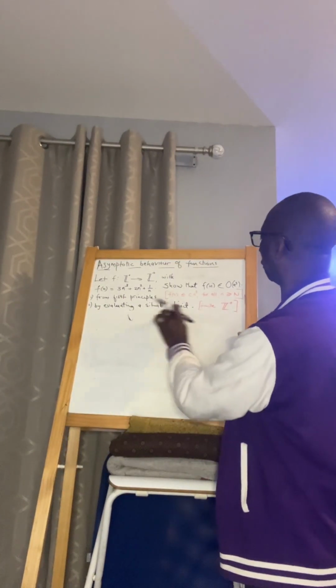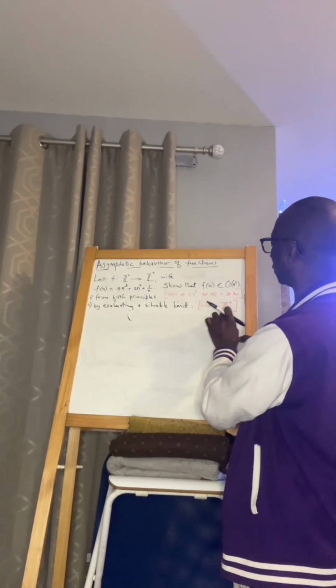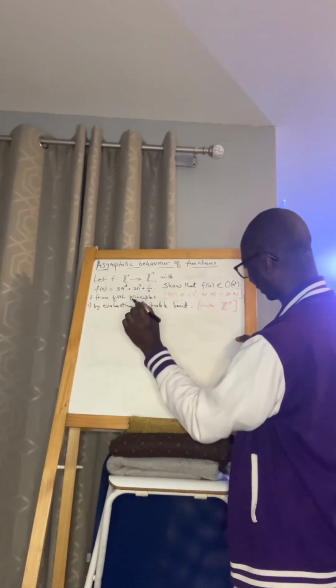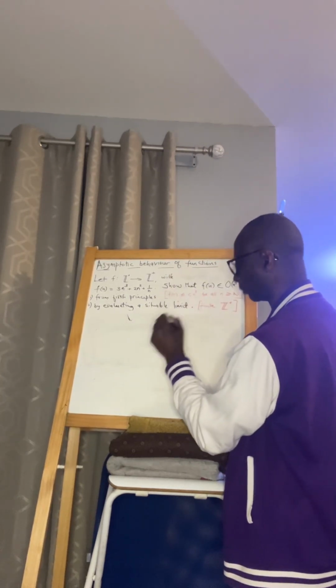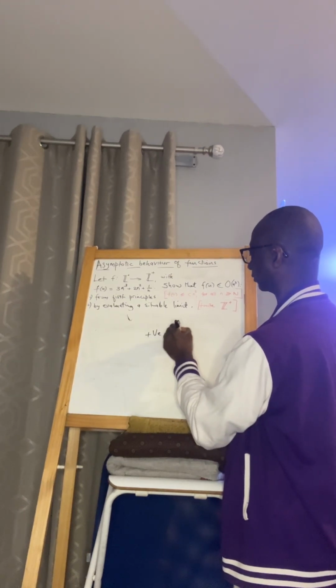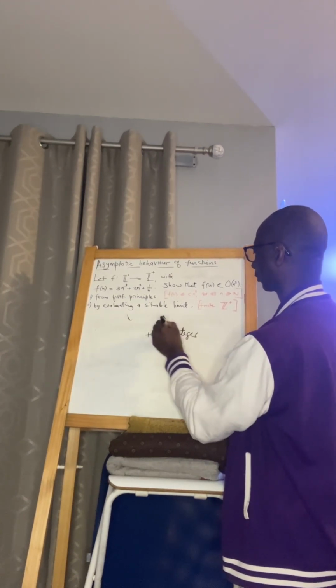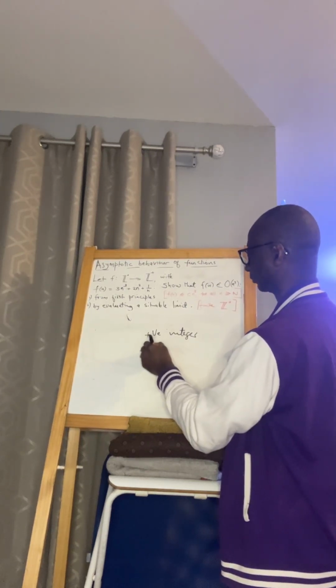So what you are evaluating here, a suitable limit, what you need to find is an integer. First, the number has to be a positive integer. Then it has to be finite.